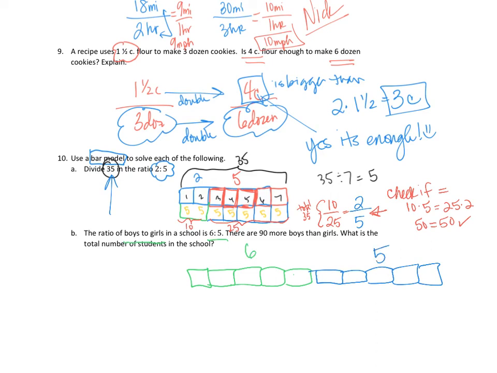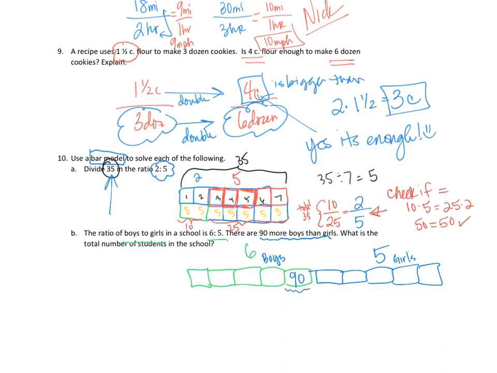Now it tells us that we have 90 more boys than girls. So again, the green is the boys and the blue ones are the girls. And since they have 90 more, you can see that we're bigger over here. The boys are bigger by 1 box. That means this has to have a value of 90.